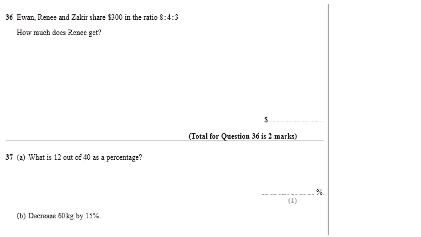Question number 36: Rene and Jacques share $300 in the ratio of 8:4:3. How much does Rene get? Say this one is 8, this one is 4, and this one is 3.